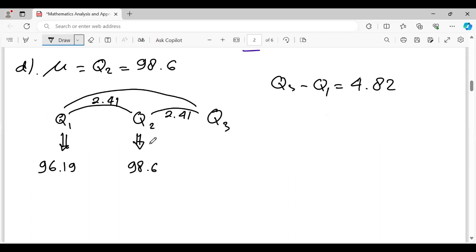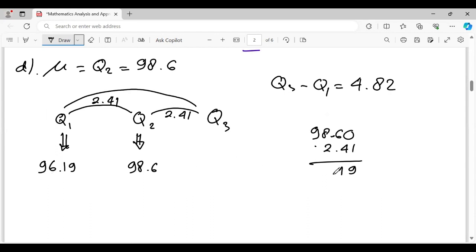Okay. I'm going to calculate first. 98.6 minus 2.41. It is 96.19, yeah, correct.